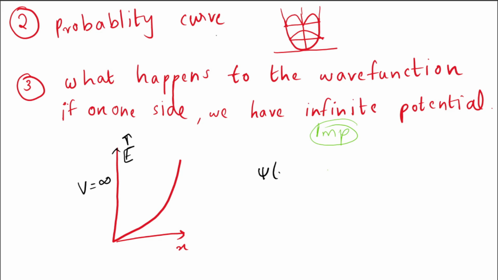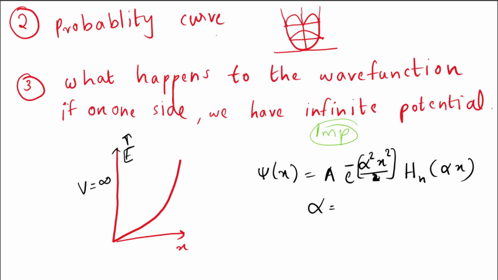We know it is like this: psi of x is equal to some coefficient times e to the power minus alpha squared x squared by 2, times the nth Hermite polynomial of alpha x, where alpha is equal to the square root of m omega by h cross, right?